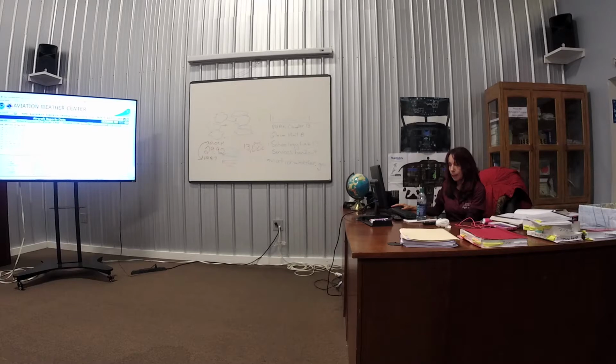LAL is Lakeland. PIE is St. Pete, thank you. Gainesville. SFB, I believe, is Sanford. And then Titusville. So it's good. So we have a whole range here. So we have UA over, you can see it's over the VORs. Then it tells you the distance from the VORs.